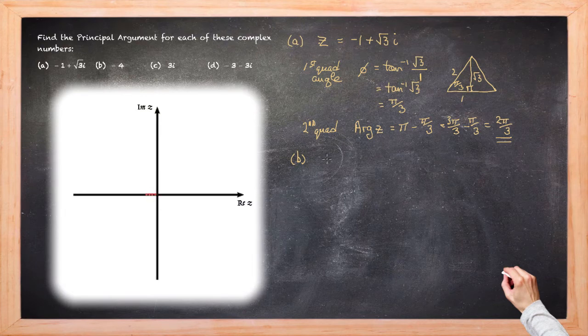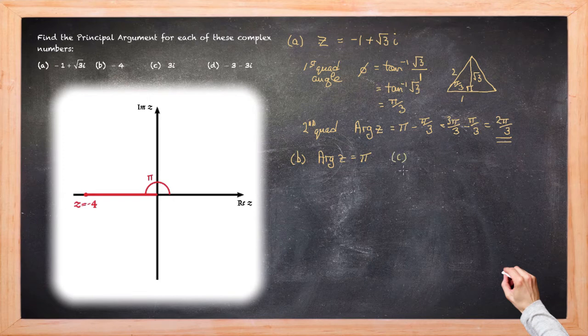So moving on to part B, that's the real number -4, and it's on the real axis 4 units from the origin. And we can just read off the principal value of the argument, and that would be pi radians, not negative pi radians. We include pi but not negative pi.